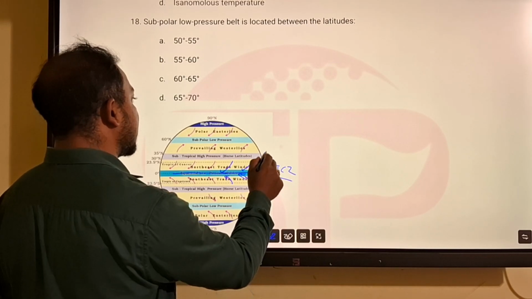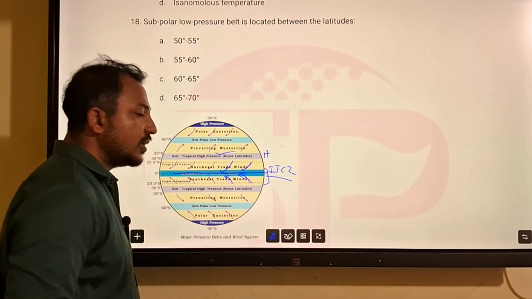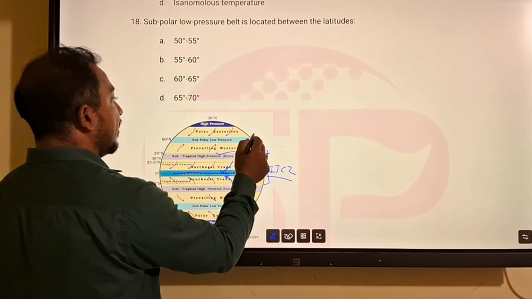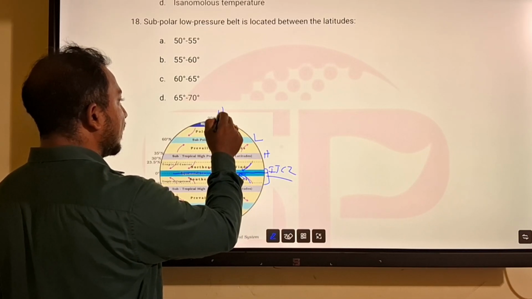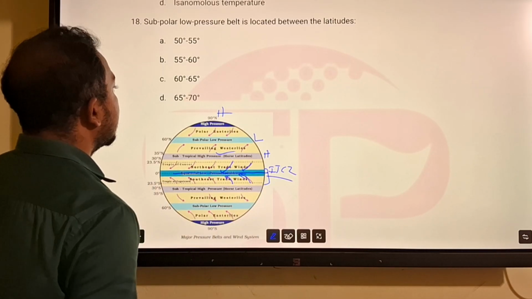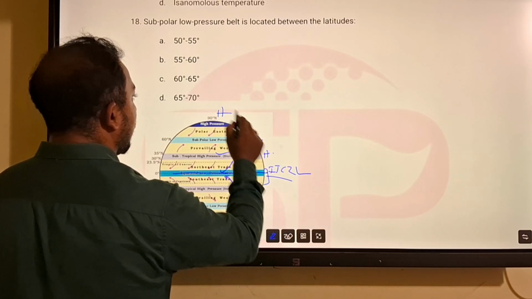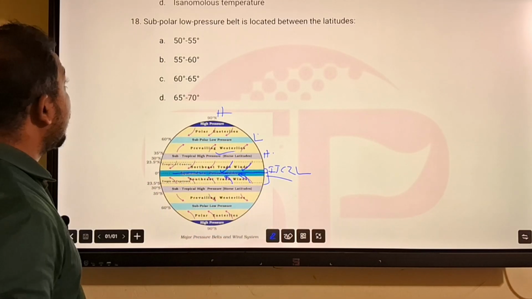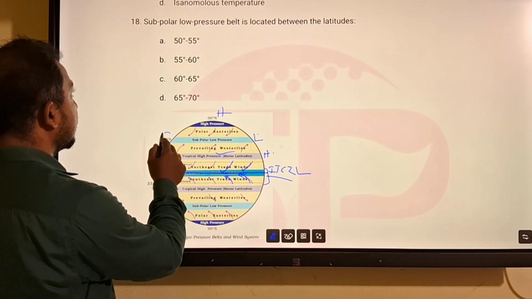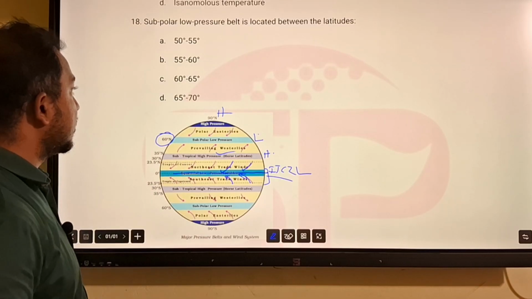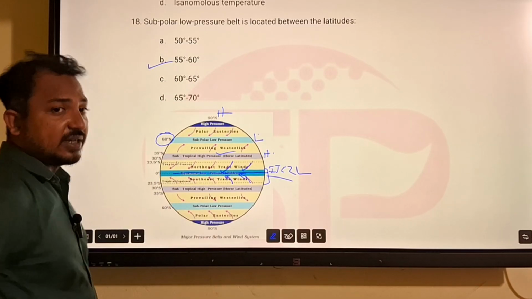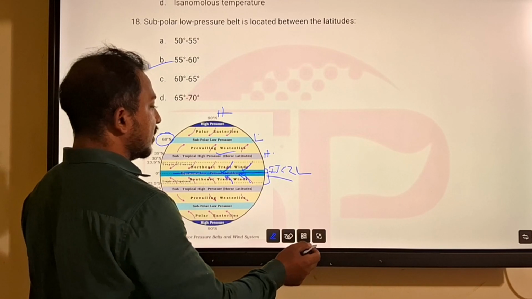This is low pressure, this is high pressure, this is the horse latitude. Then again low pressure, then high pressure. So low, high, low, high. The subpolar low pressure is between 55 to 60 degrees, both north and south.